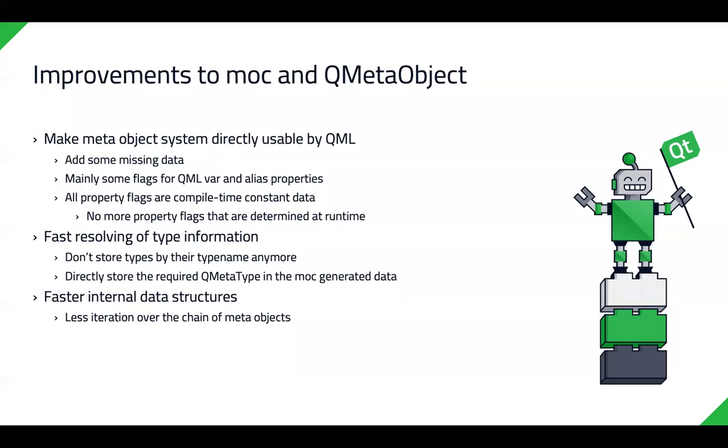That allows quite some optimizations for us. We make resolving of the type information that we need in certain cases, for example for signal emissions, faster. We don't store them by the type name anymore, but directly store the meta type in the moc-generated data. And then we're looking into streamlining and improving the internal data structures there so that we can get the required data faster.